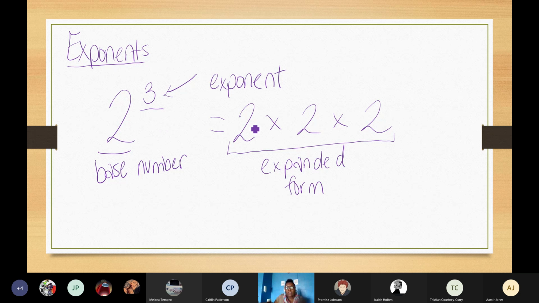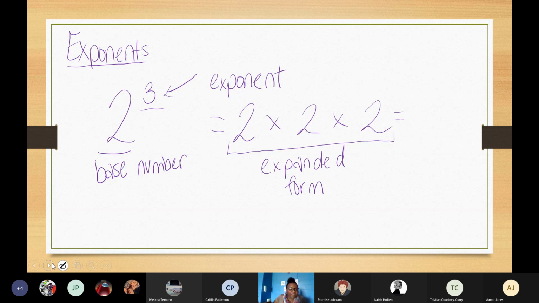I have 2 being multiplied by itself 3 times because my exponent here is 3. So when I have to solve this, it's important for us to know, Ms. Neville made this mistake when she was your age. The answer here is not 2, 4, 6. No, we're multiplying these numbers by each other.